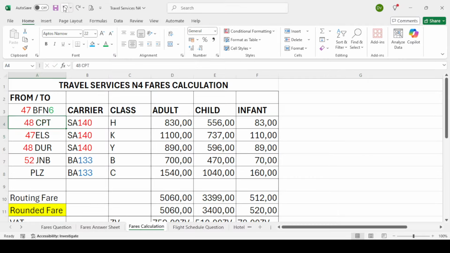Give me a minute. You will charge your R6 from Cape Town. You will charge your R6 from East London. You will also charge the R6 from Durban because you departed from Durban to go to Joburg. You will also charge the R6 from Joburg because you departed from Joburg to Port Elizabeth.